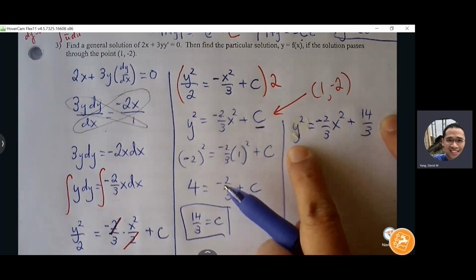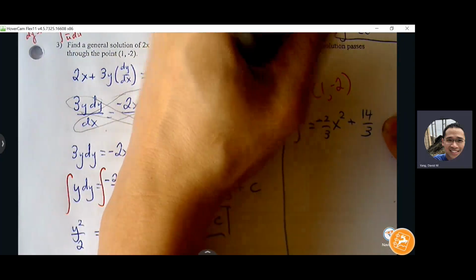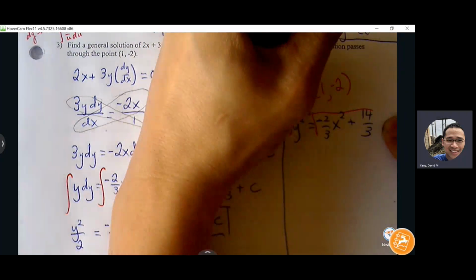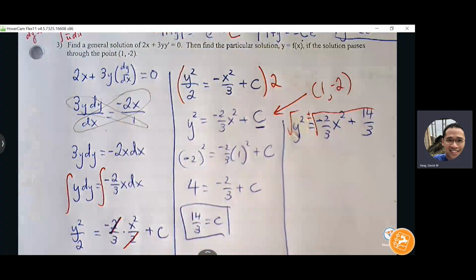So what's my last step here? How can I get Y by itself? Take the square root. Now, when I take the square root, what's going to pop up in front? Plus or minus. Okay.